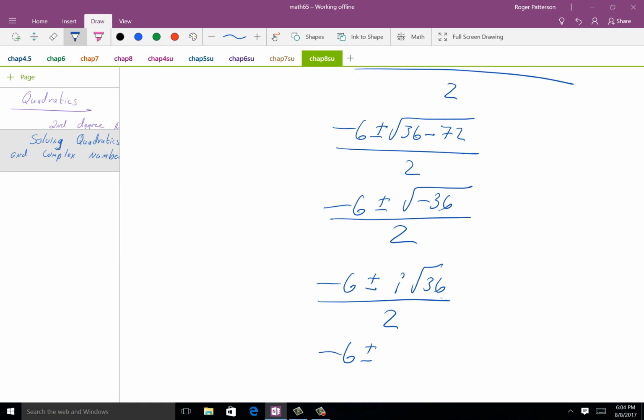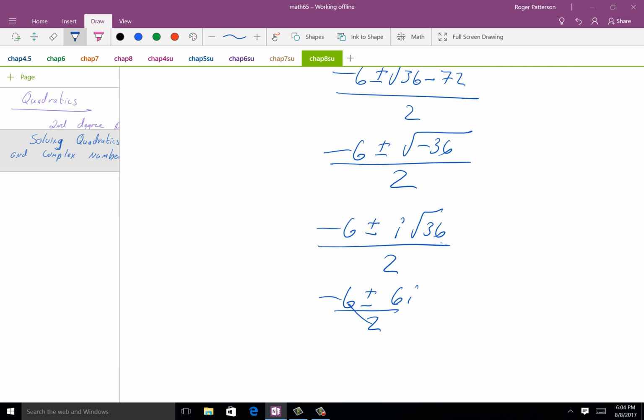Square root of 36, do we know what that is? 6. Okay, reduce, reduce. There it is. Negative 3 plus or minus 3i. Those are the two solutions that it has.